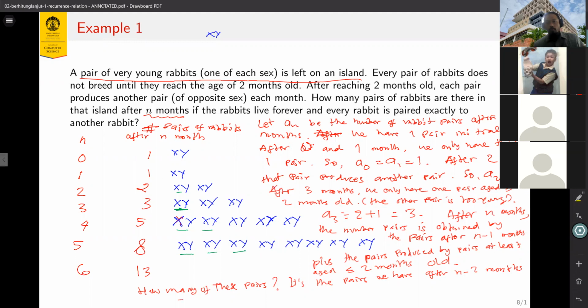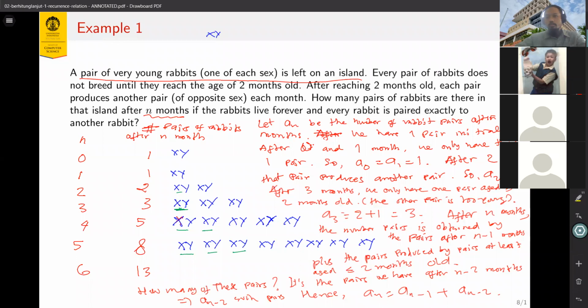So we have a_{n-2} such pairs, hence a_n is equal to a_{n-1} plus a_{n-2}. All right.